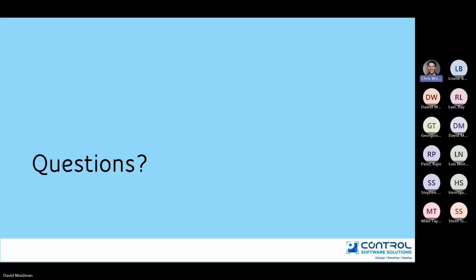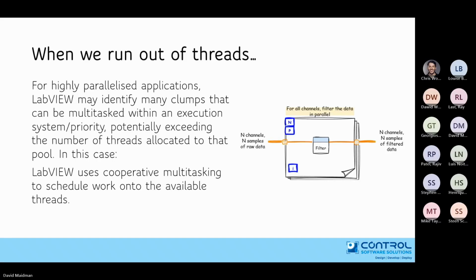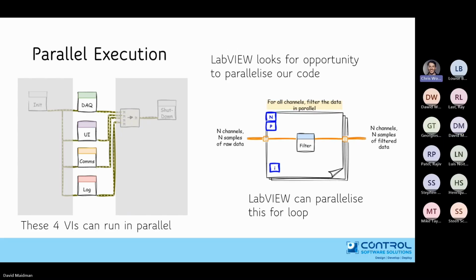I have one question. If I go back to slide number 44, when you set the execution system for all of those 4 threads, there's a top level VI which calls these sub VIs, right?